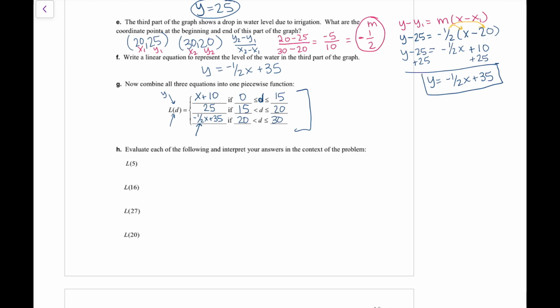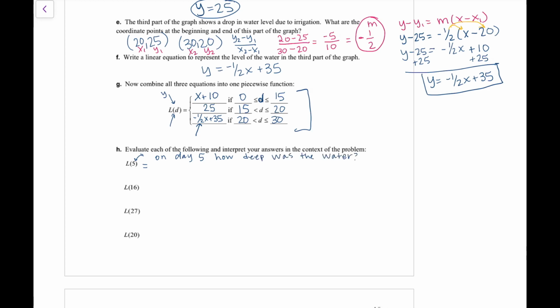We're going to take that and find L of 5. What L of 5 means is everywhere we see L, we're going to plug in a 5. So this is asking on day 5, how deep was the water?